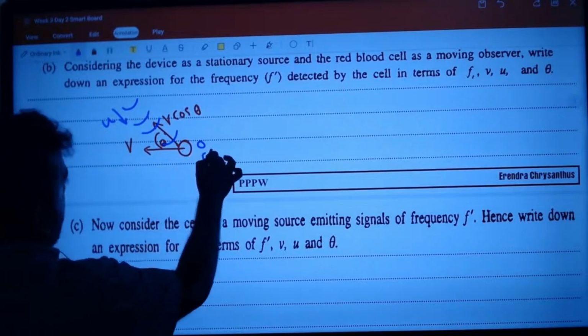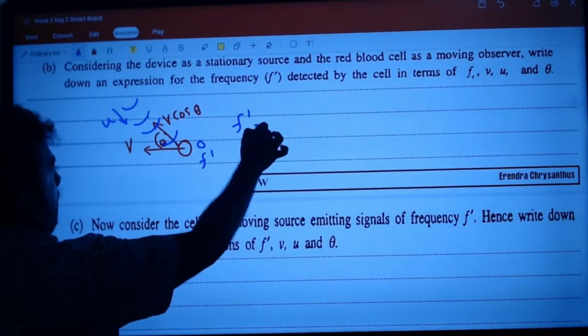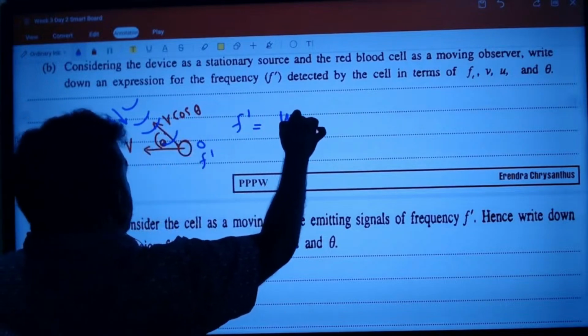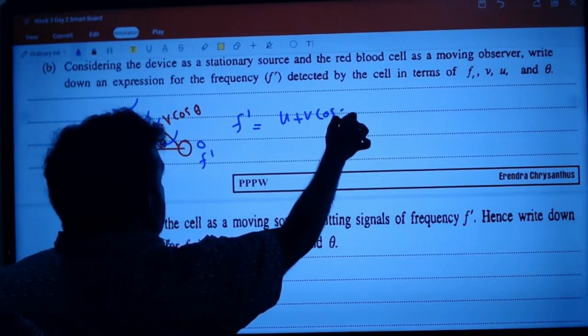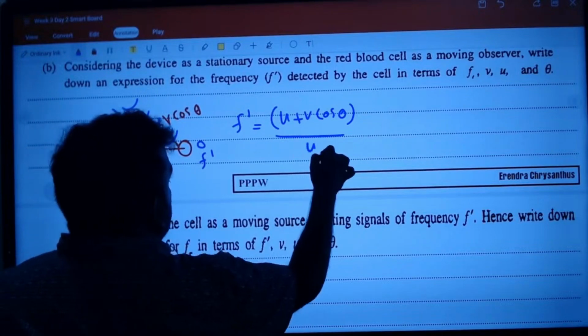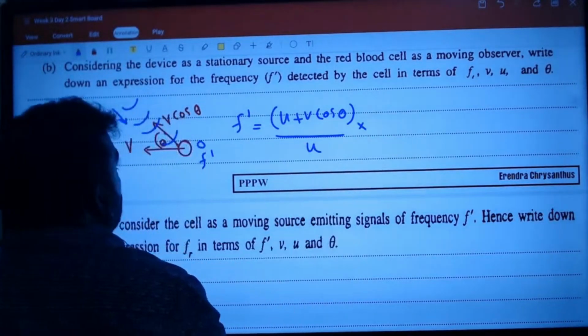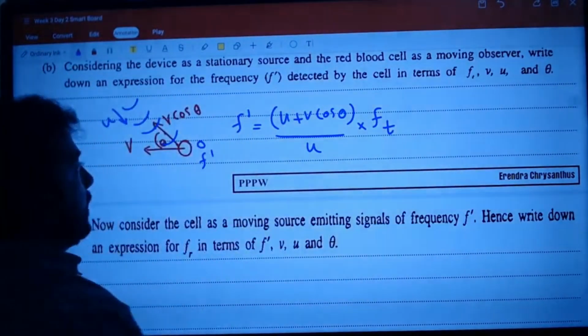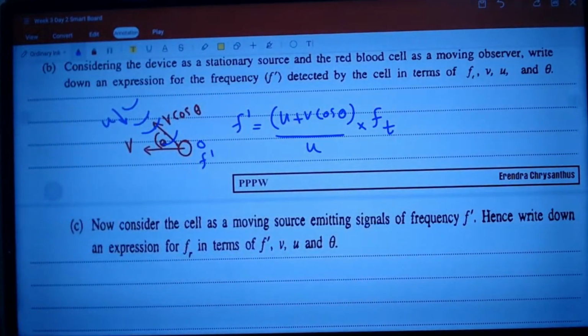So what is f dash? Velocity of sound with respect to the observer, u plus v cos theta, divided by velocity of sound with respect to the source, u, into the actual transmitted frequency.